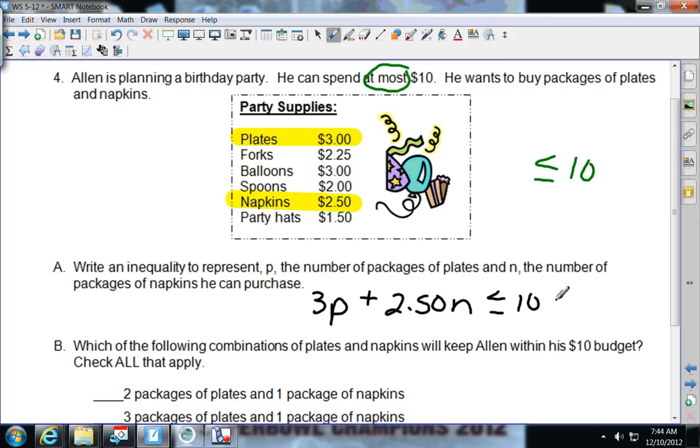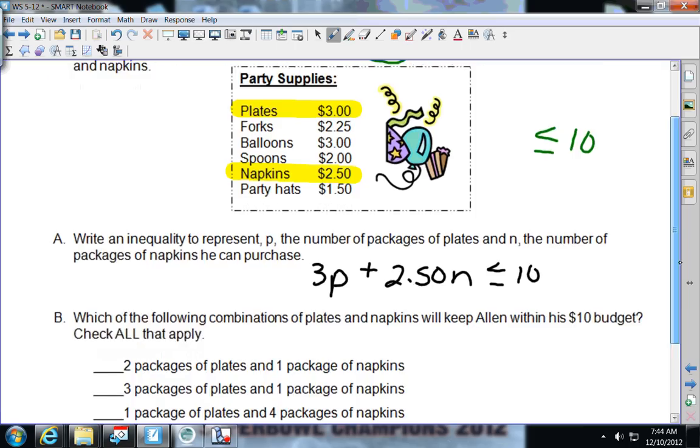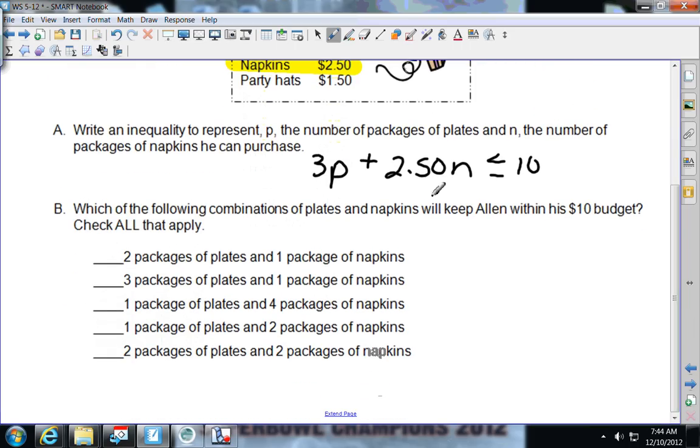So now you just need to go down here and multiply the numbers and see which ones give us less than $10. The first one: $3 times the plates, which is 2, plus $2.50 times the napkins, which is 1.